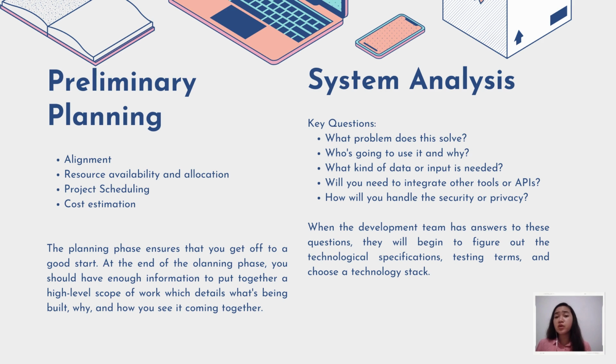How will you handle privacy or security? When the development team has the answers to these questions, they will begin to figure out technological specifications, testing terms, and choose a technology stack. This is also the stage at which you can begin preparation or break down large tasks into more actionable steps.